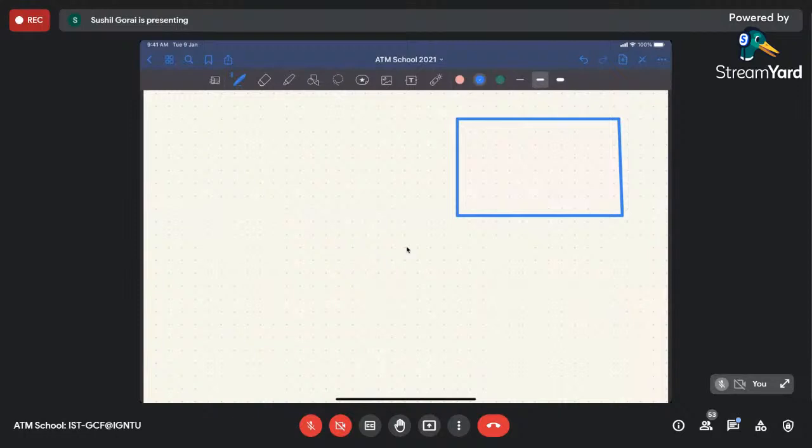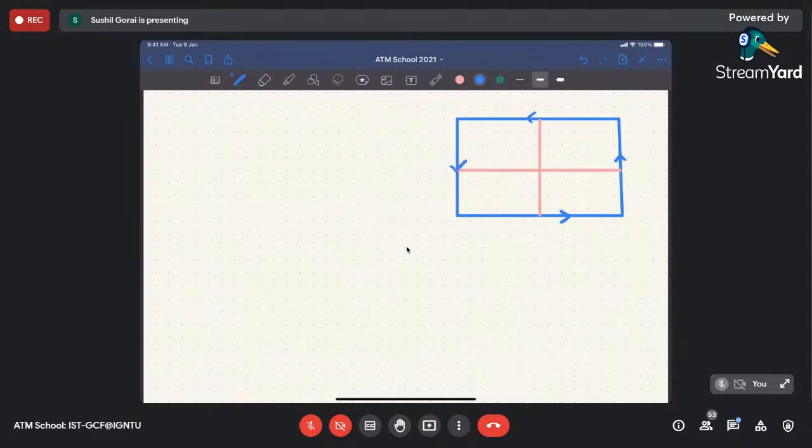All right. So what we would like to do is divide this into 4 rectangles. Now we had this direction in the blue curve.